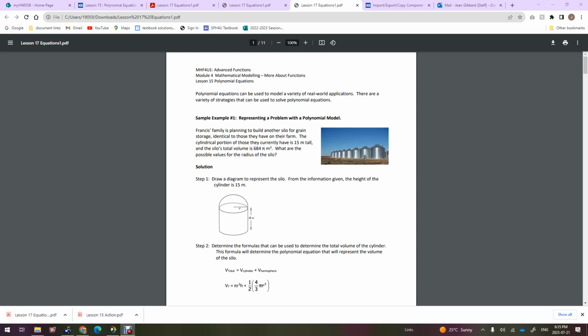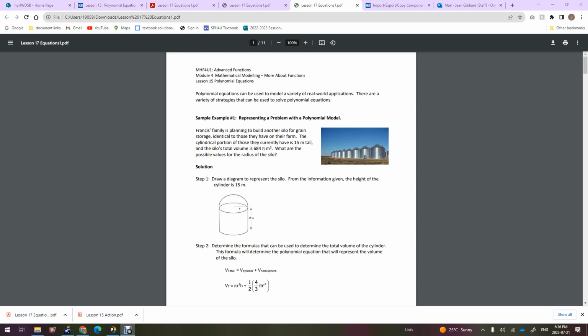To start this question, we are going to draw a cylinder to represent the silo. From the information given in the question, the height of the cylinder is 15 meters. Step number 2. Determine the formulas that can be used to determine the total volume of the cylinder.